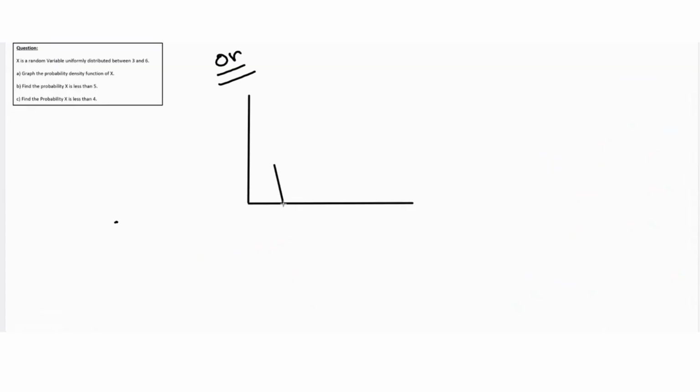This is something we looked at in part A. The area of a rectangle is easy to find, so we didn't even have to do integrals. This is how we drew its PDF in part A, where we had f of x here, with 3 and 6 marked, and the height was 1 by 3. The area under this PDF is just the area of a rectangle, and this gives us probability. So we could just do it like this also.